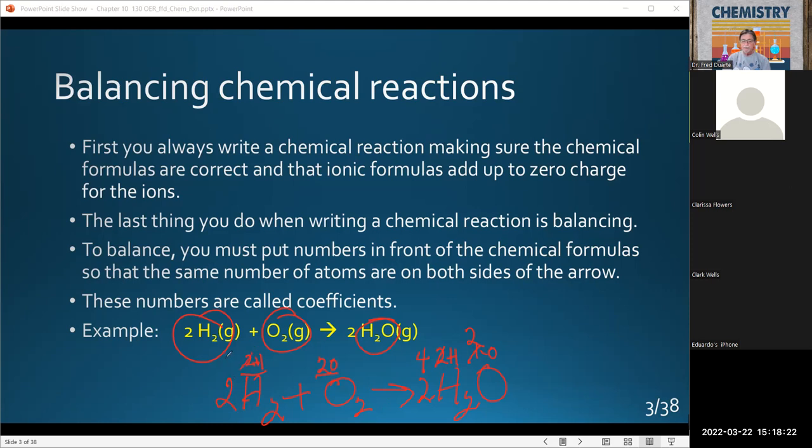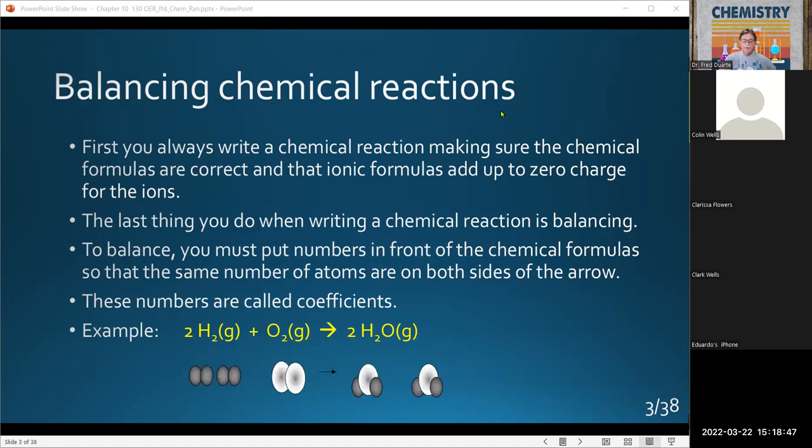Now that becomes 4 hydrogens and 2 oxygens on the reactant side, and that balances out with 4 hydrogens and 2 oxygens on the product side, okay? So you can see, hopefully, that now we have a balanced chemical reaction.